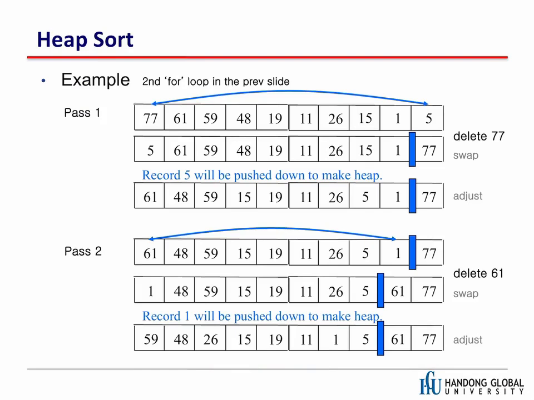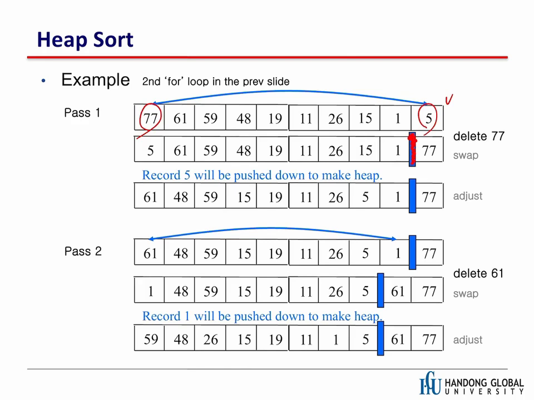Let's take a look at this example to explain the second loop. When we are in the second for loop, this is a max heap. And then we swap the first one with the last one.